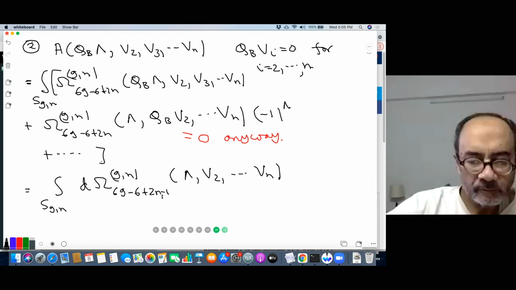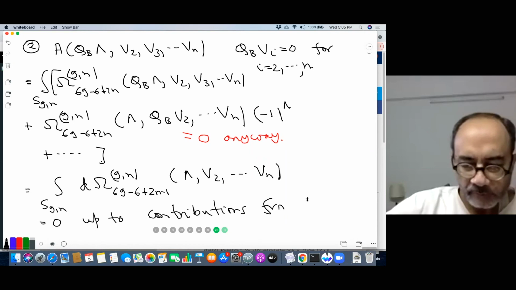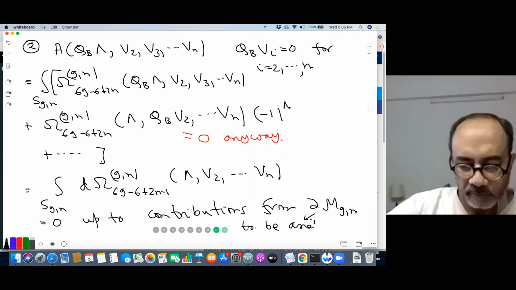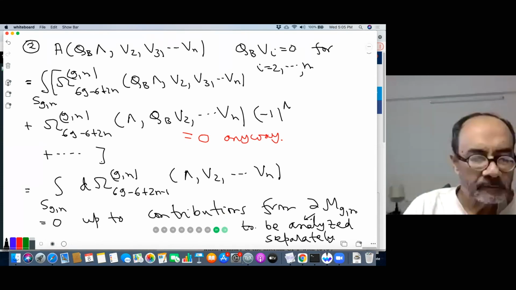And this is again 0 up to contributions from the boundary of the moduli space, which have to be analyzed separately. Generically, these all vanish. So this shows that the pure gauge states decouple.